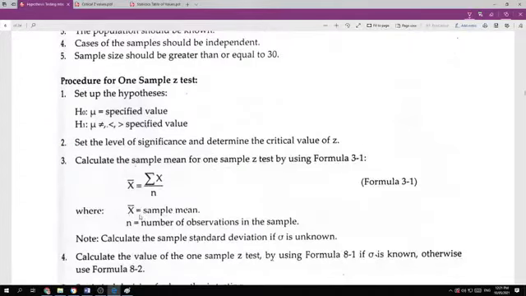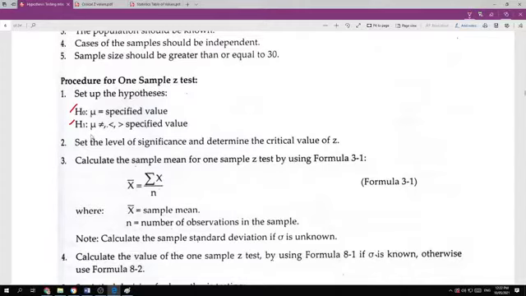And these are the procedures, by the way. Step number 1, set up the hypotheses. We have here the null hypothesis and the alternative hypothesis. It's easier if you start with the alternative hypothesis, because usually the alternative hypothesis is given in the problem, and you just take the opposite of that.